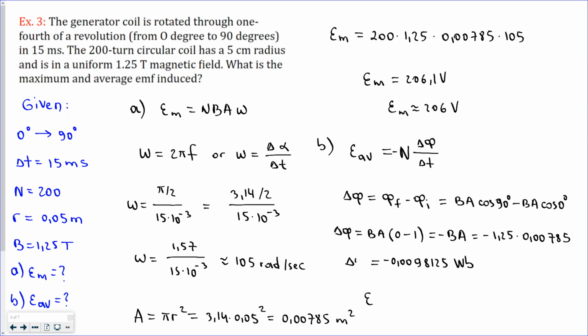Now, with the minus sign, the change in flux is negative here. So the average EMF can be found by minus 200 times minus 0.098125 over the change in time, the interval of time, which is 15 times 10 to the minus 3.